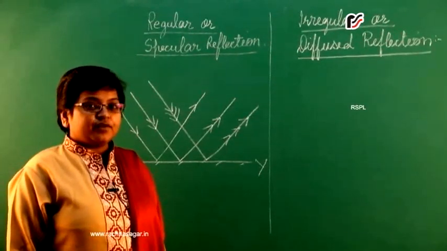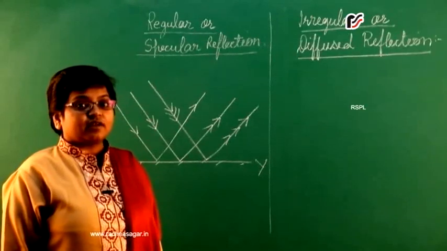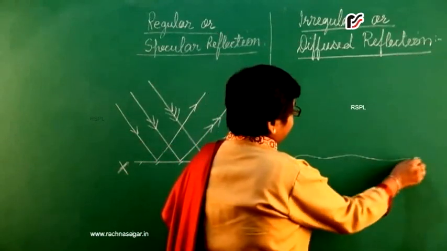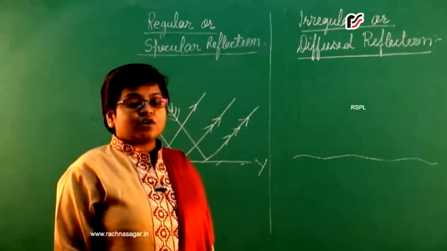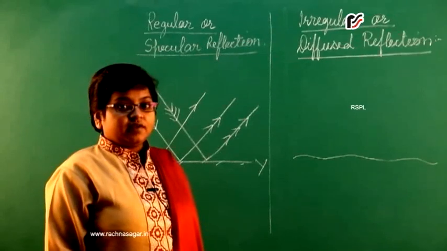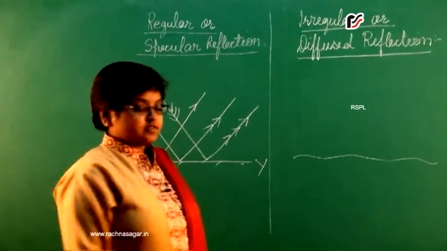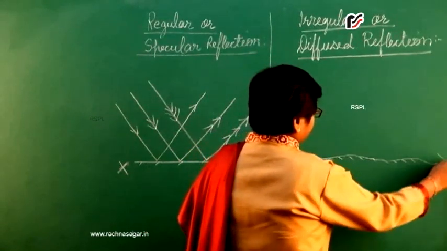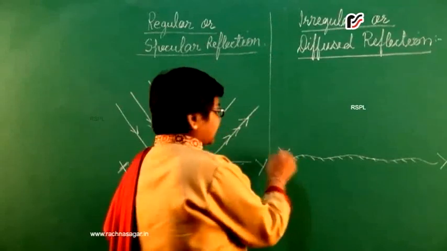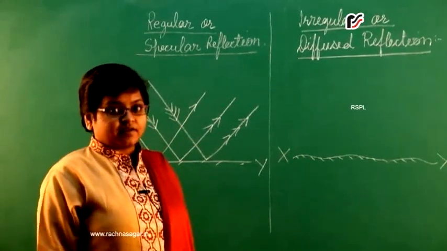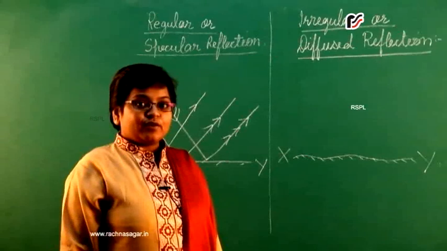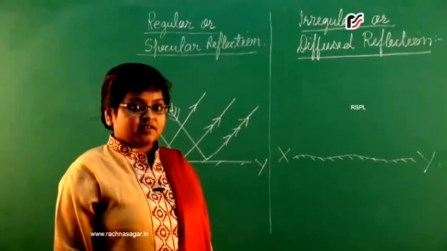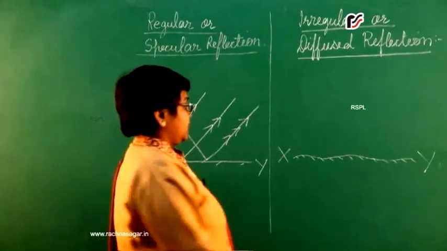Let us take diffused reflection or irregular reflection. Here the surface is not completely smooth, it is a rough surface. XY is the rough surface. Again there are three parallel rays incident on this rough surface.